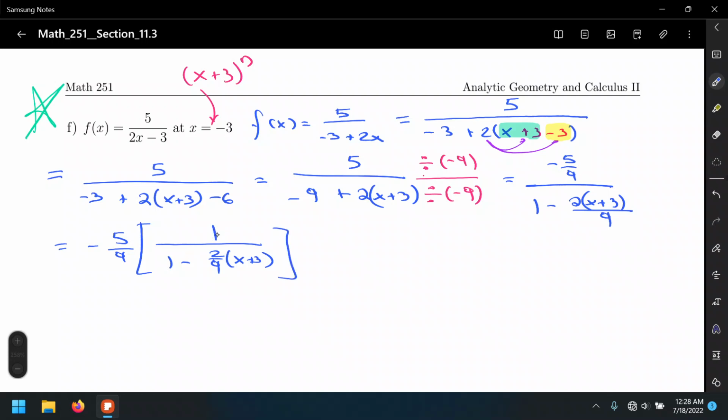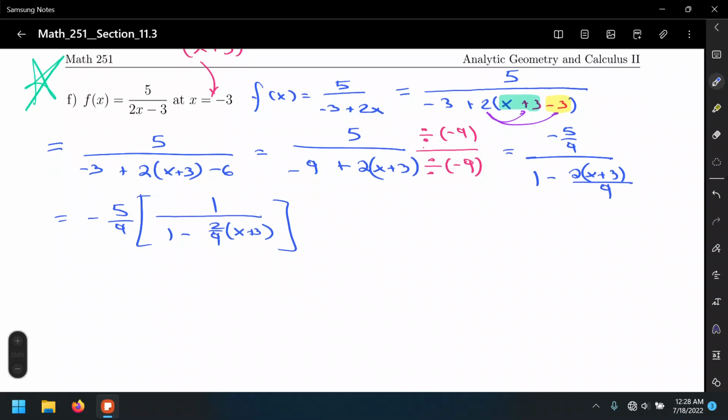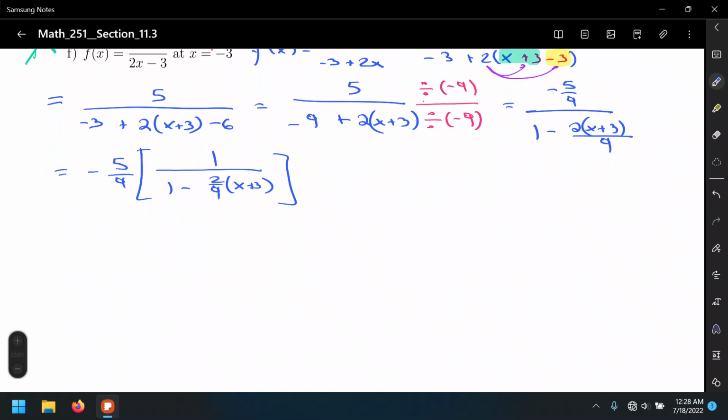And doesn't that look now like 1 over 1 minus u? Oh yes, I know, it's a very interesting mathematical sorcery going on here. Alright, so let's write this in terms of u.